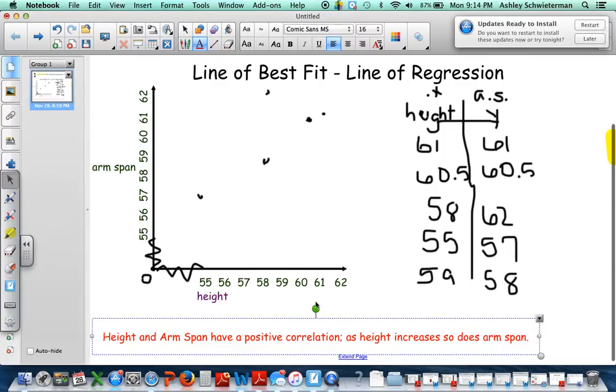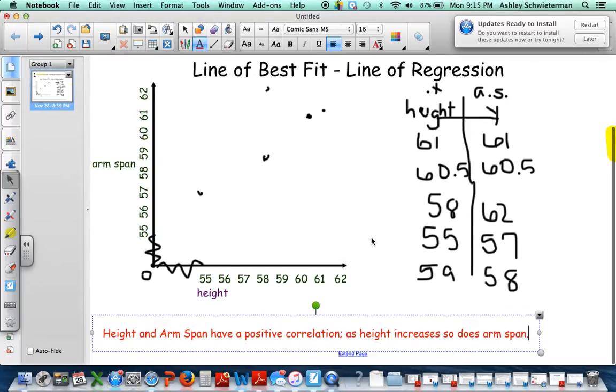Okay, and then we could use a line to help us estimate a person's arm span given a specific height. So say we have this random giant whose height we know, but we can't get close enough to measure their arm span. Given their height, we could find their arm span.